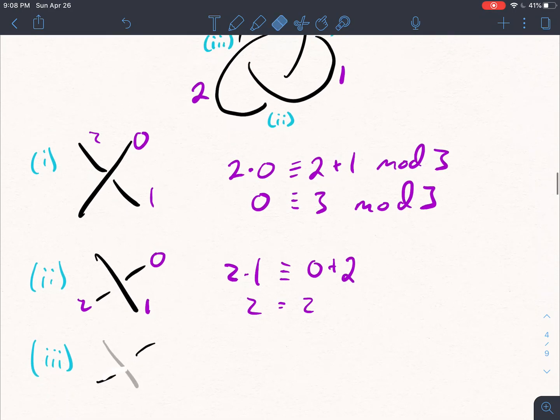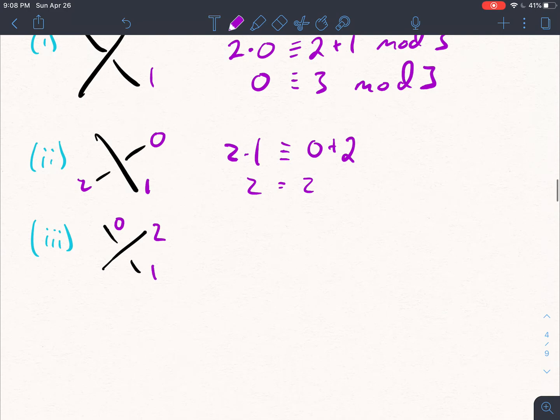And then third crossing. What's the third crossing look like? Third crossing, my overstrand is going to be a 2, and my understrands are going to be a 1 and a 0. I guess I should draw it like this. That's a 2, and the other ones are a 1 and a 0.